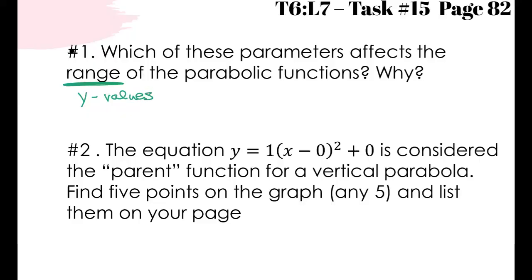So which of these parameters affects the range of the parabolic functions? Is it A, H, or K?